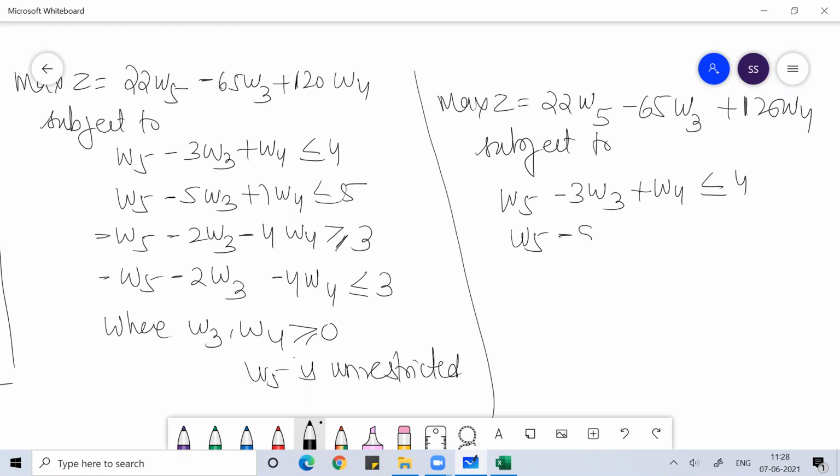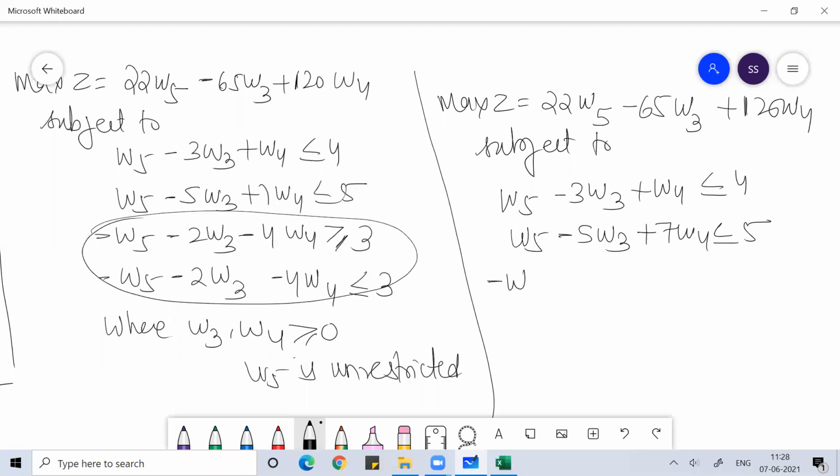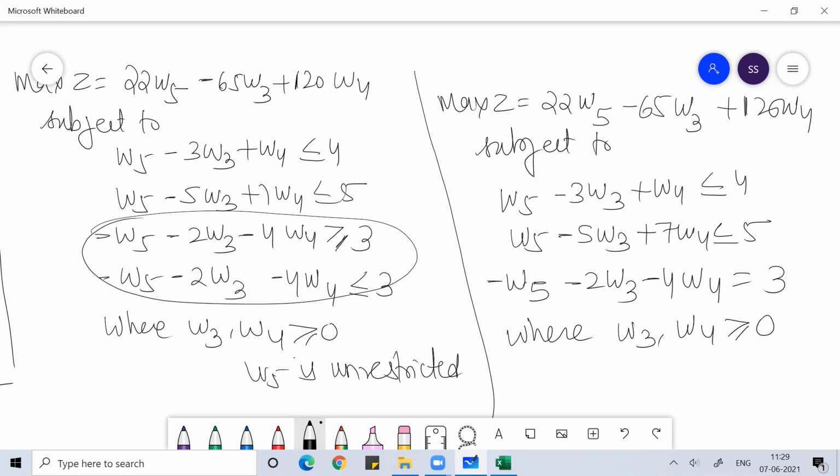Then W5 minus 5W3 plus 7W4 is less than or equal to 5. Now if you see this, I can write equal to sign. I hope you understand. Minus 2W3 minus 4W4 is equal to 3, where W3, W4 are greater than or equal to 0 and W5 is unrestricted. This will be your final answer. Any doubt, anyone?